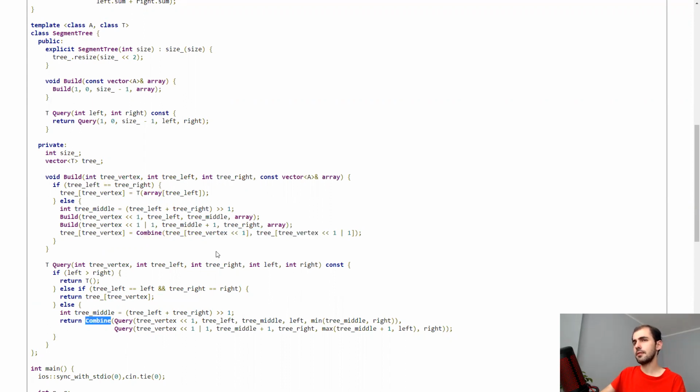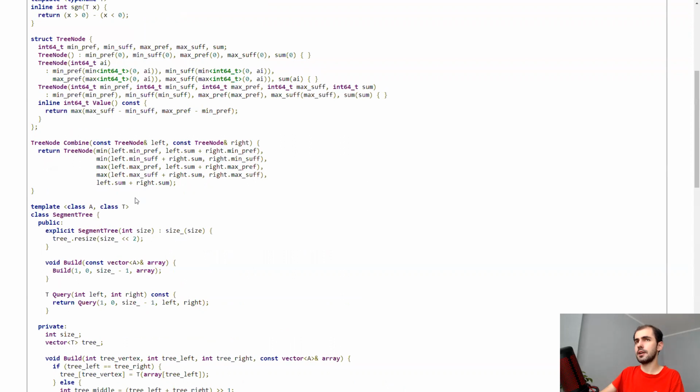Like that combine function, you may have noticed that our segment tree is a template of class T. We're not telling it what the T is, but all we're telling is that the combine function takes 2 arguments of type T, like tree at somewhere, and returns another value of type T. And all the problem-specific inner workings of the combine function are in the combine function for that type.